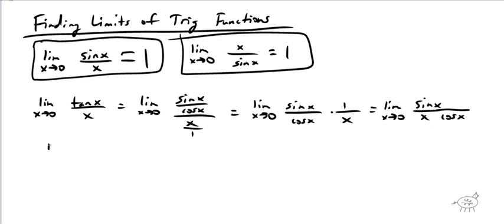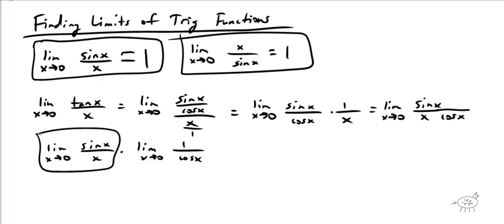I am allowed to split this up: the limit as x approaches 0 of sine of x over x times the limit as x approaches 0 of 1 over cosine of x. The nice thing about knowing this one is that as long as I have sine of x over x, I don't have to worry about it being undefined. I know that's equal to 1. And then what about the limit as x approaches 0 of 1 over cosine of x? That's nice direct substitution, because what's cosine of 0?